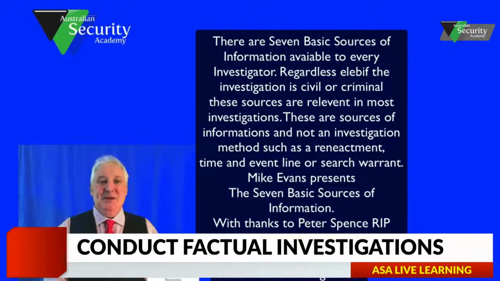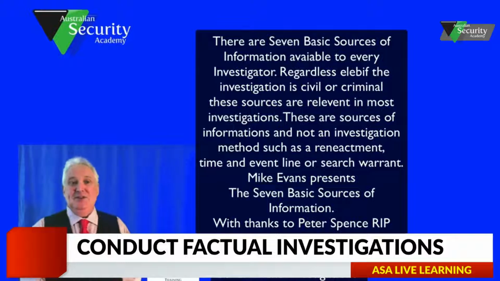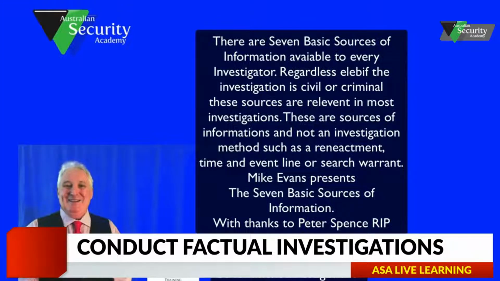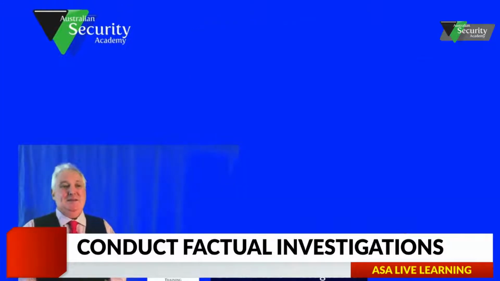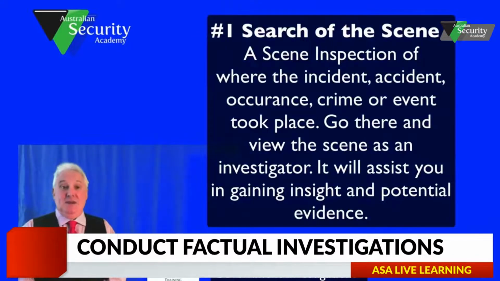Now, this goes right through from an accident investigation involving a splinter in a finger to a police murder investigation. These are the sources of information available to you as an investigator. The first one is a search of the scene of the incident, accident, occurrence, event or crime.